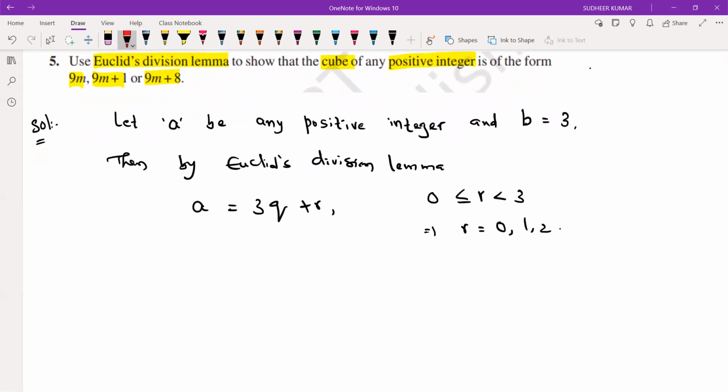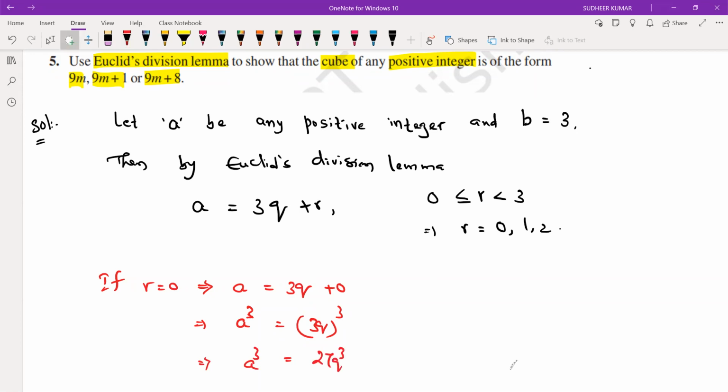In the first case, r equals 0. So a is equal to 3q plus 0. We need the cube of any positive integer, so cubing on both sides: a cube equals 3q whole cube, which we can write as 27q cube.